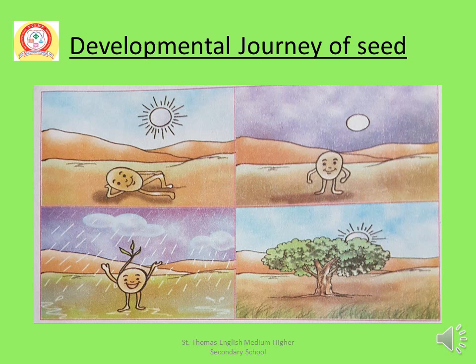Here, what are you observing? There is a ground, mountains, the sun, one seed, the moon, grass, our favorite season, rainy season, and one big tall tree in the picture.